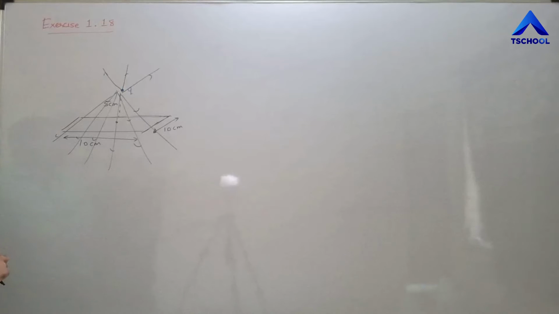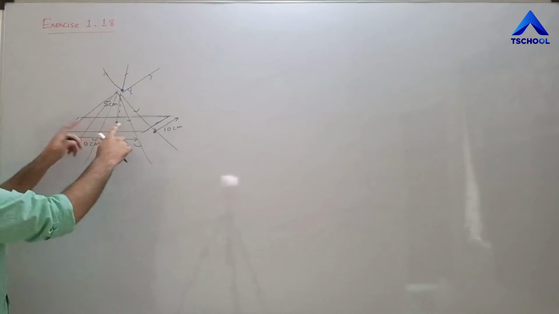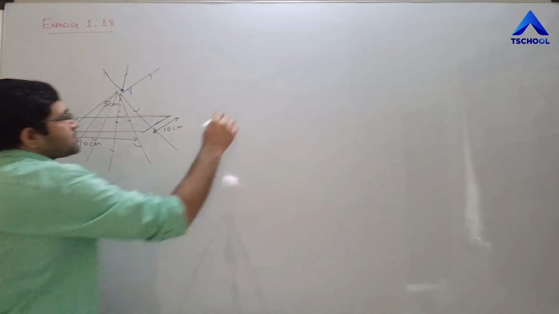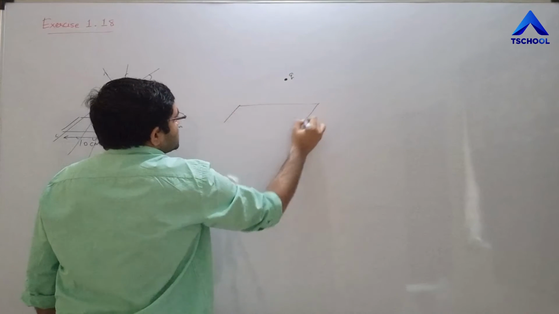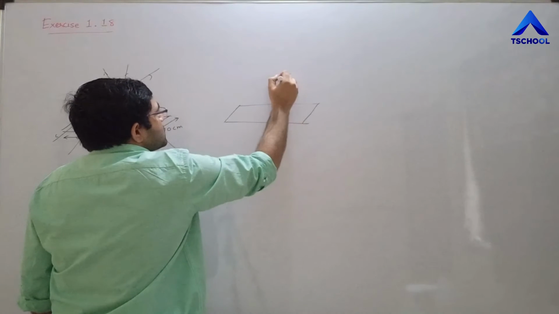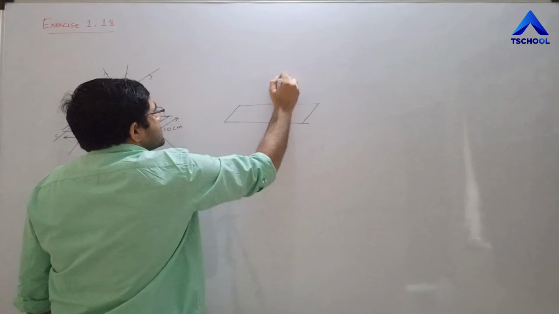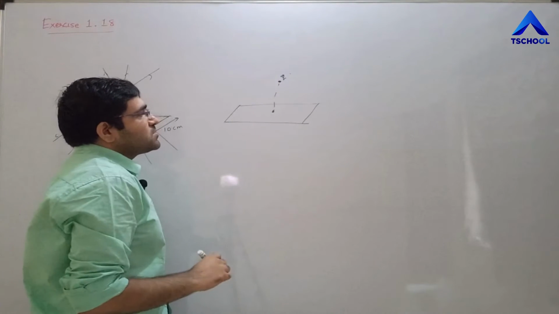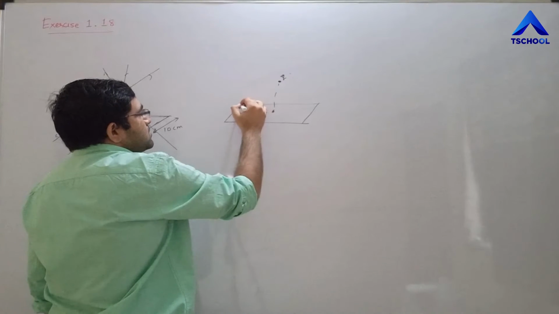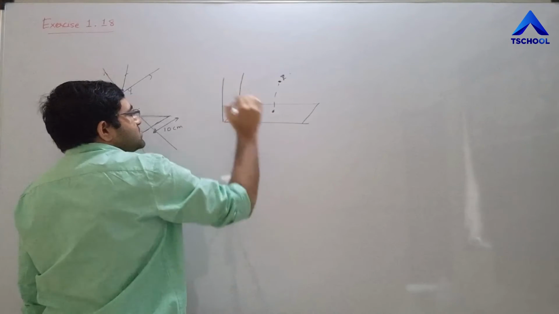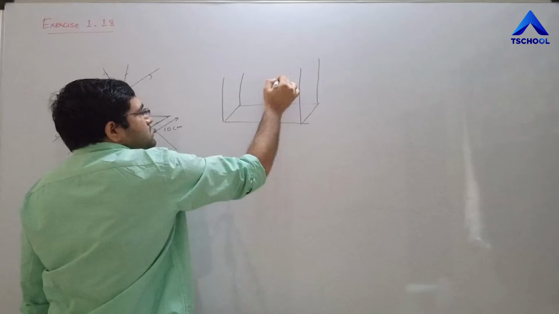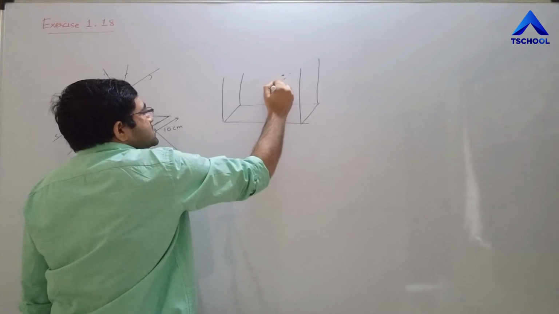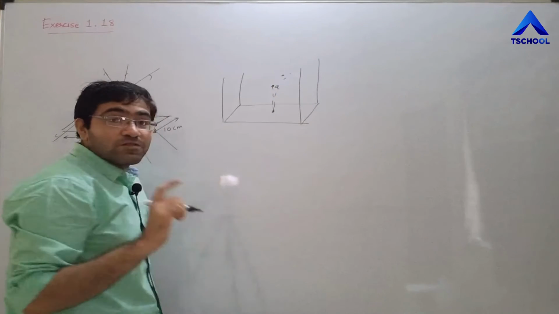What we'll do is make an imaginary cube out of this square. Let's see how. Here is the point charge Q, and let's say this is the square below it. We will construct a cube such that this point charge Q is trapped at the center of that cube.